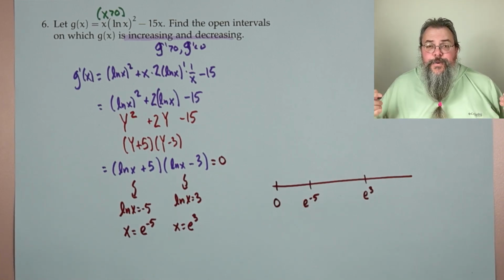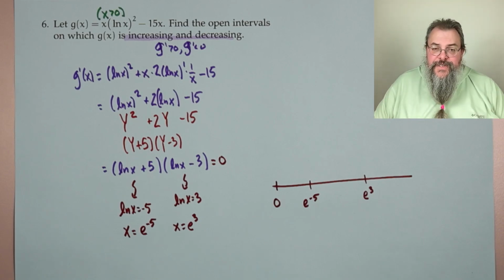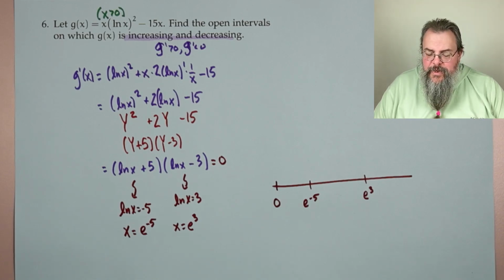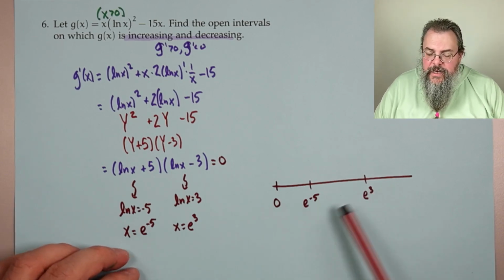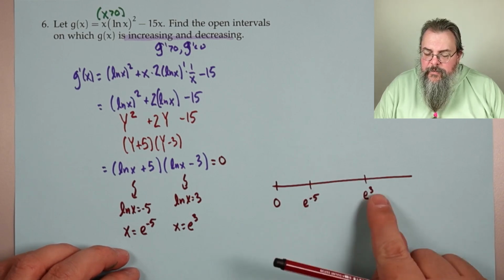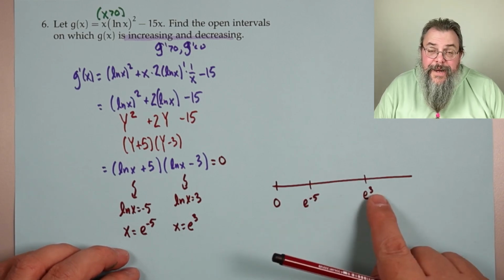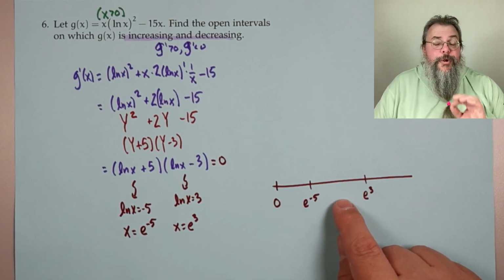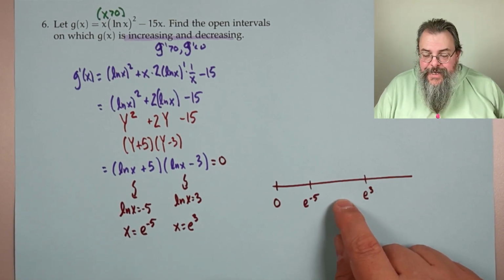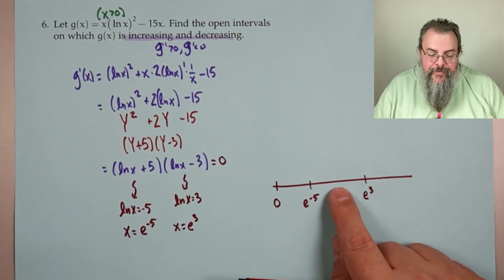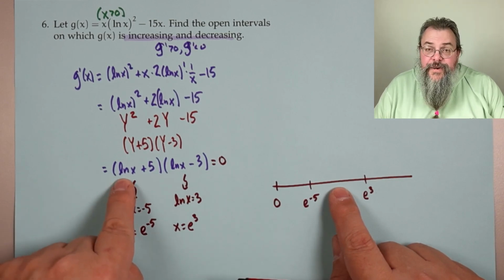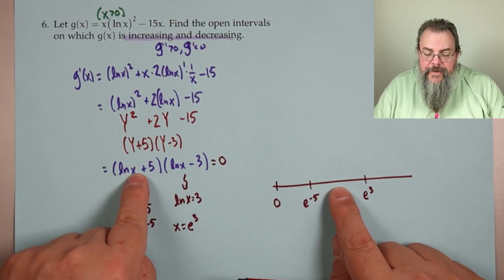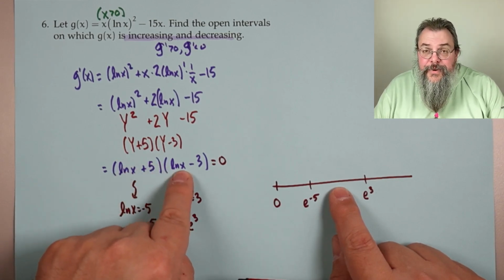So, where can we pick some numbers? Well, between e to the negative 5 and e to the 3, you can just think about picking something between negative 5 and 3. E to the 0. Beautiful choice. That's 1. Log of 1 is 0, so you get 5, and here, negative 3.